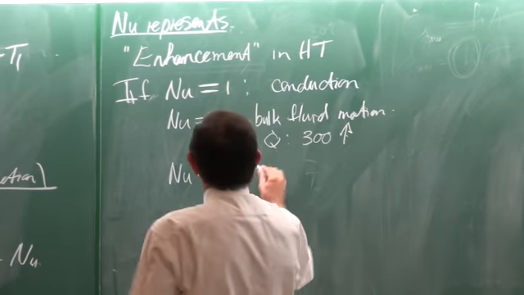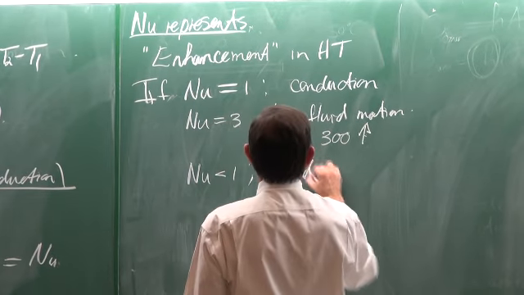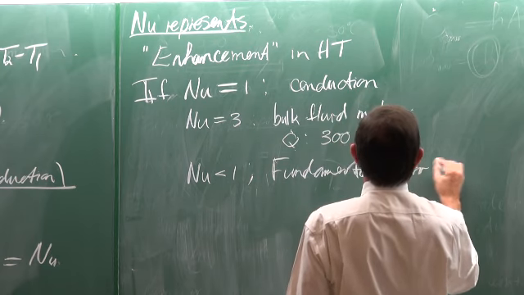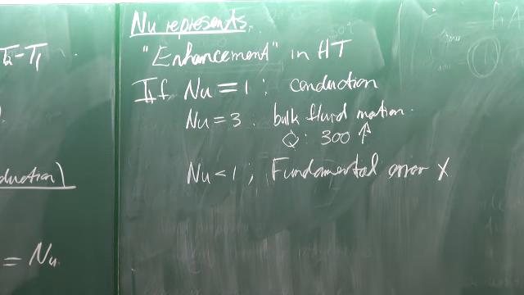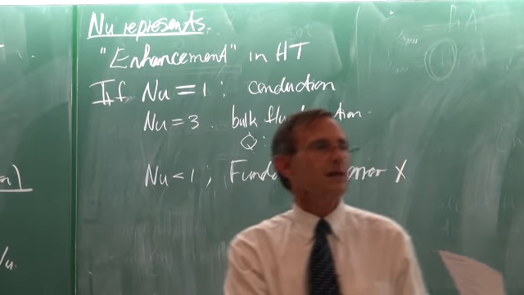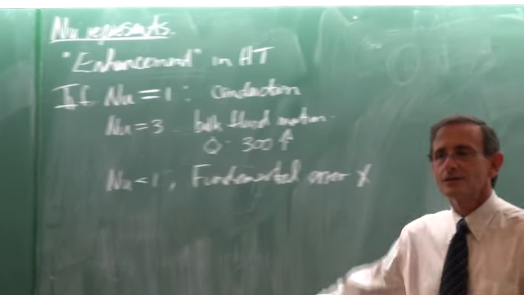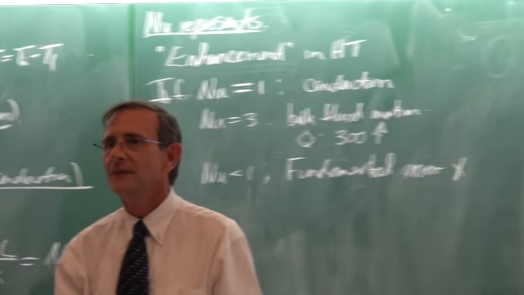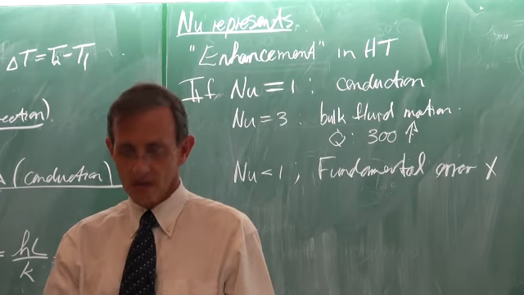Okay. Can't be. It's a fundamental error, and it can happen very easily. Some of these equations you will see are very, very long, and all of us make mistakes when we do the calculations. So if you get a Nusselt number smaller than 1, you must know it can't be. It's a fundamental error I'm making.